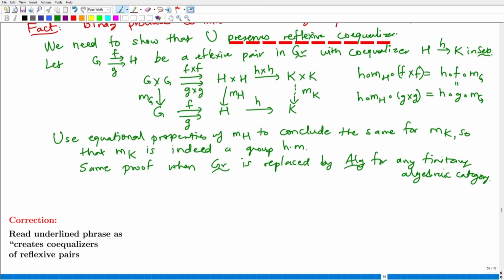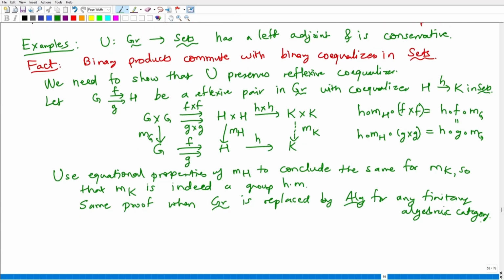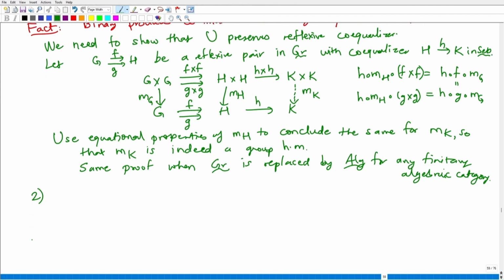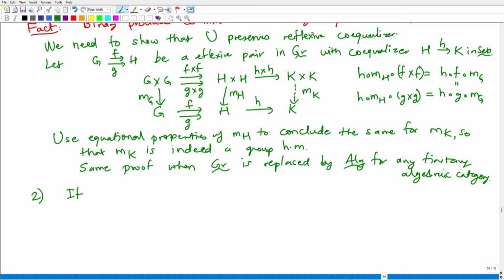Another example, like we have done one example. Okay. Another example will be about a reflection. So what is a reflection? Please remind me. Inclusion of a full subcategory has a left adjoint. Okay. So any reflection is monadic.